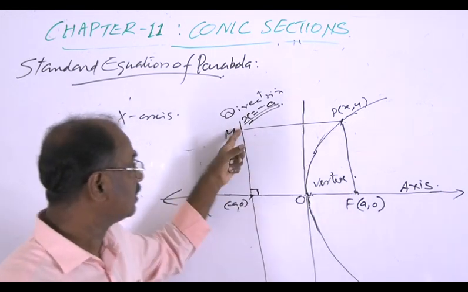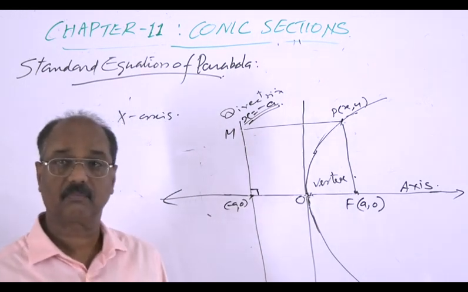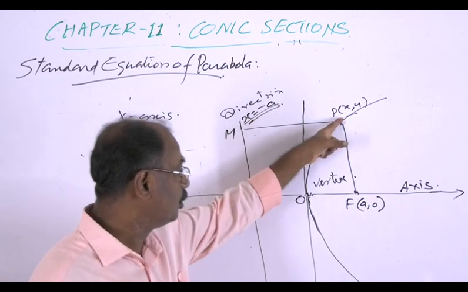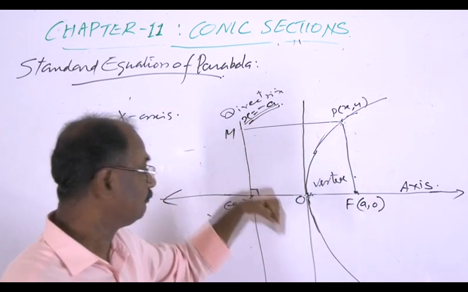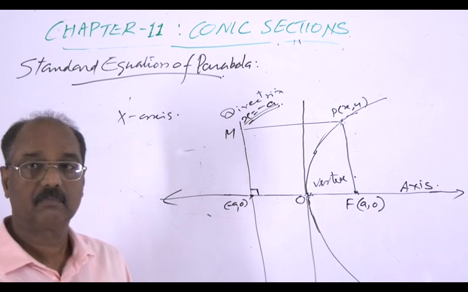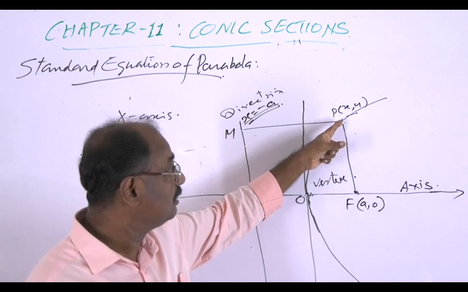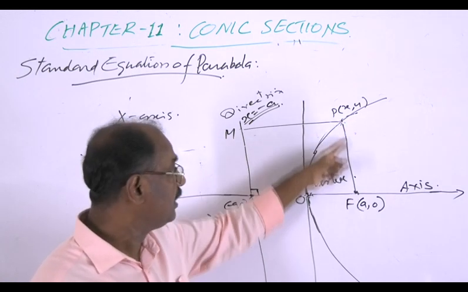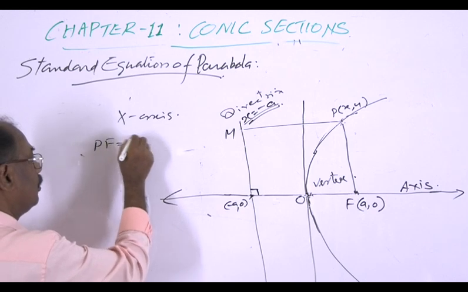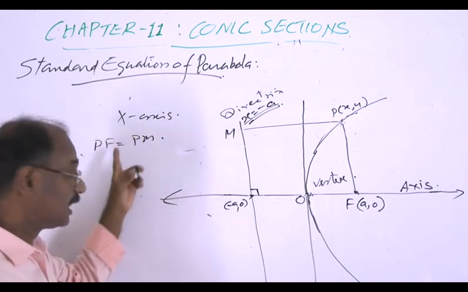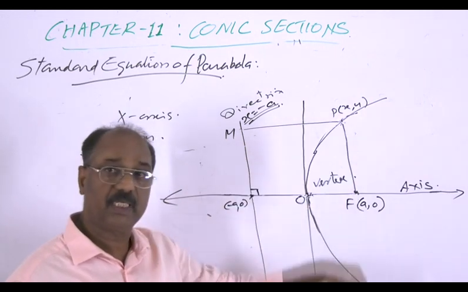Then PM is equal to PF. This point is at equal distance from the fixed point and the fixed line. So the condition satisfied by this point is PF equals PM. This is the geometrical condition; we put it in terms of x and y.